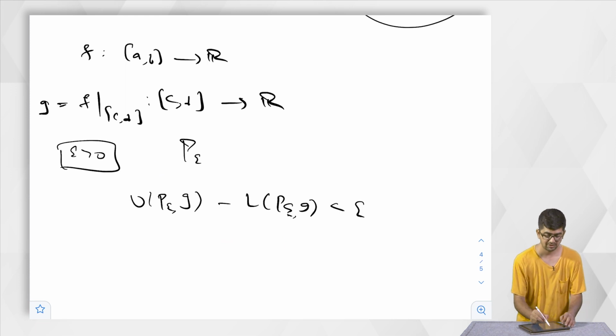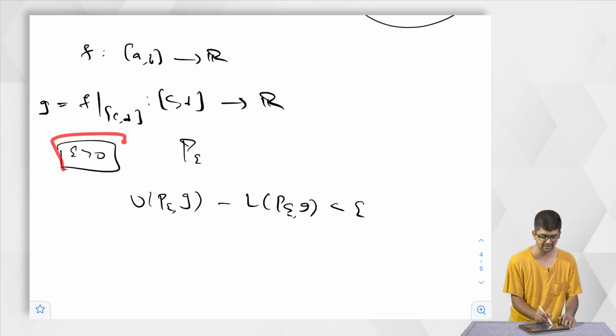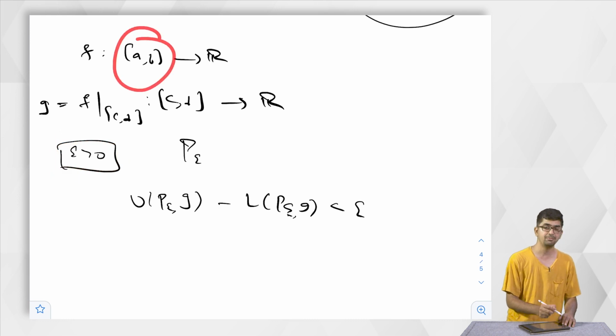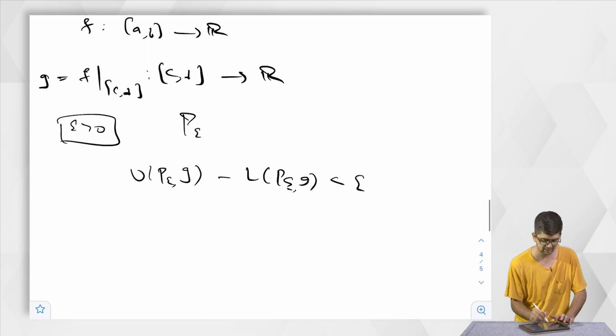We know f is integrable. So given the epsilon positive which we fixed here, there is a partition of a b with some property. What is it?